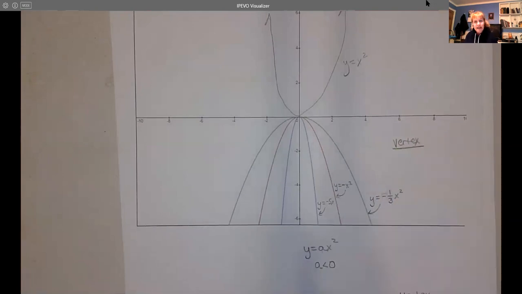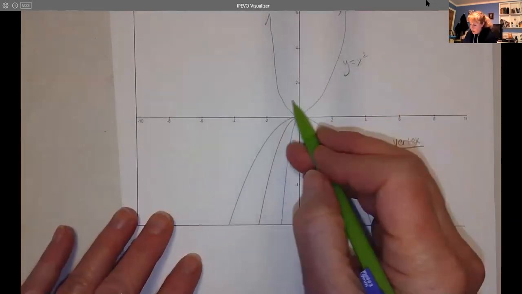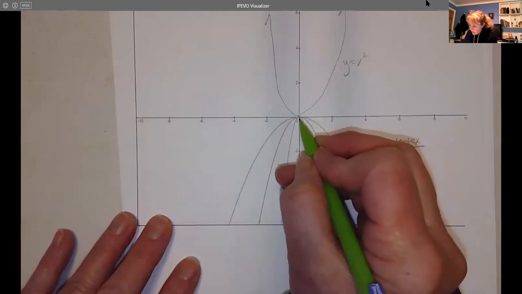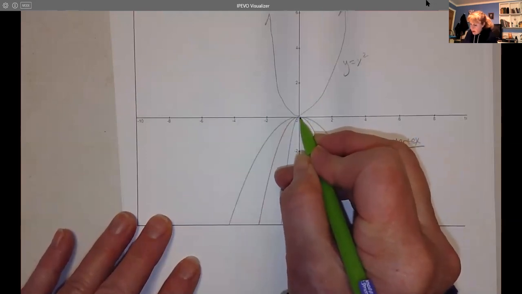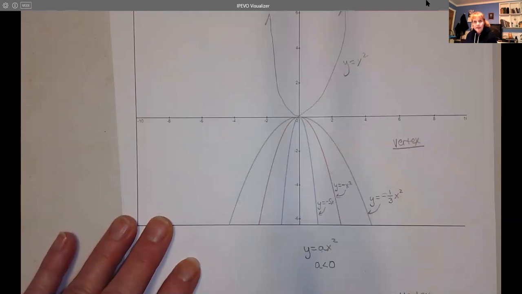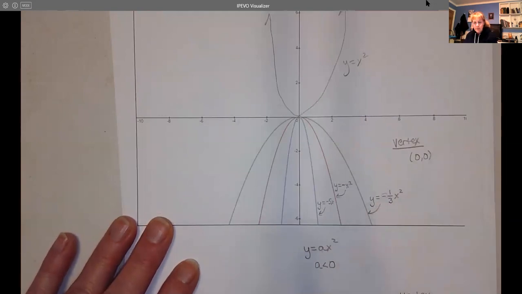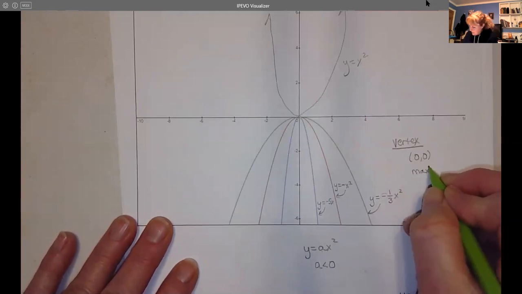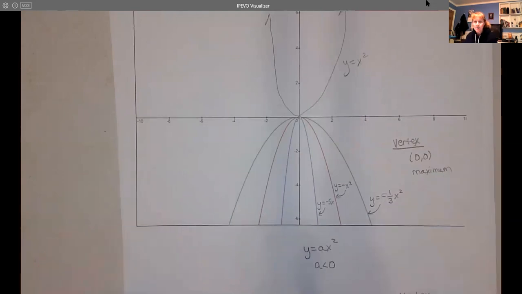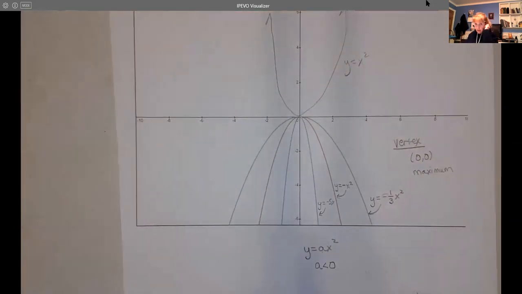The vertex of each of these parabolas is the high point in this case. We're not going to look at our parent graph here, y equals x squared. We're going to look at these three here. The vertex, the high point, is 0, 0. These parabolas, all three of them, the vertex is considered a maximum because it's the highest point on all the graphs. Just ignore that parent graph that I had there.